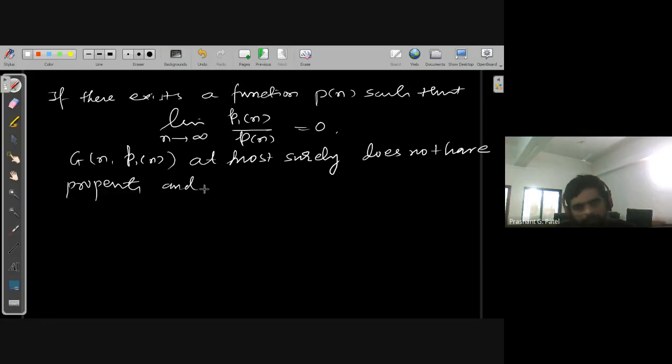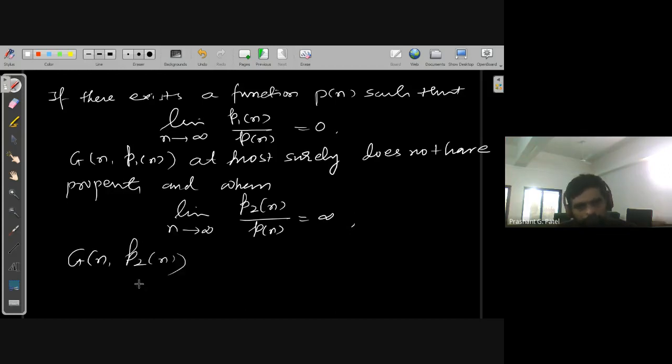And when the limit of p2(n) upon p_n is infinity as n tends to infinity, then G(n, p2(n)) almost surely has the property.